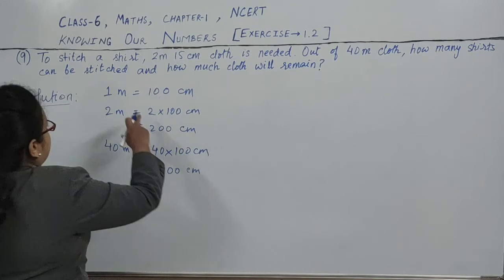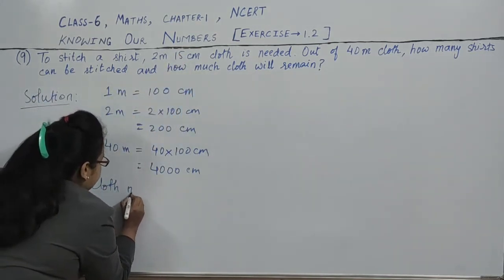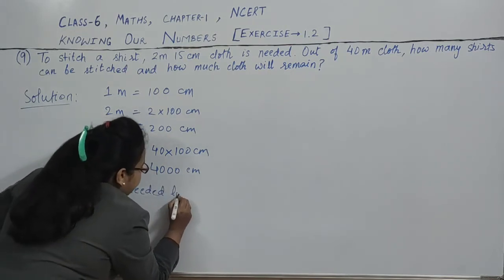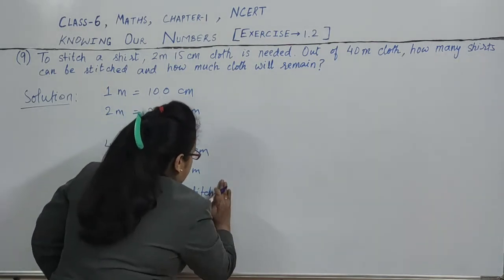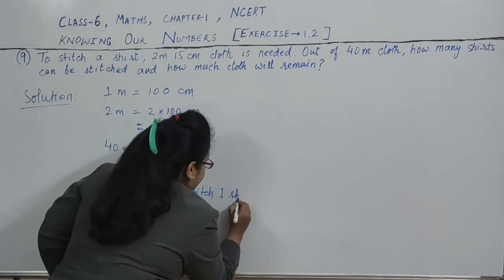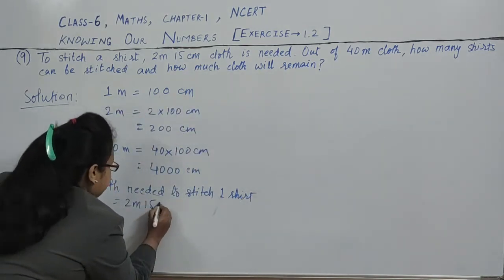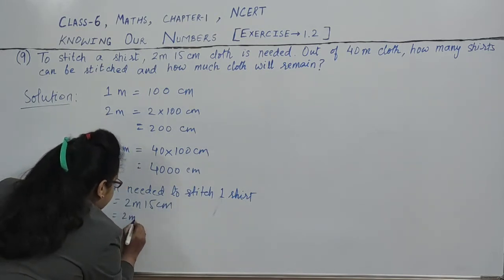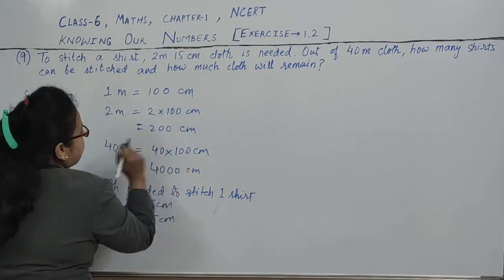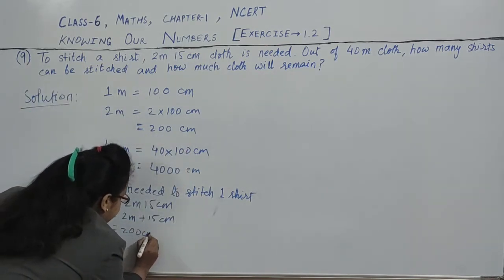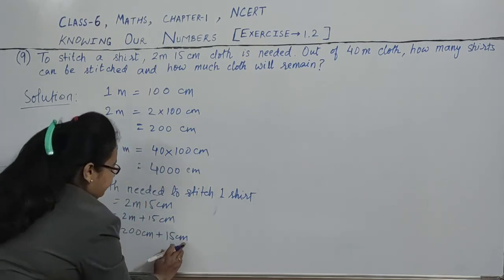Now the cloth needed to stitch 1 shirt is this. The cloth needed to stitch 1 shirt is equal to 2 meter 15 centimeter, right? It means 2 meter plus 15 centimeter. 2 meter means how much? 2 meter is 200 centimeter. 200 centimeter plus 15 centimeter. Now this is in centimeter and this is in centimeter.